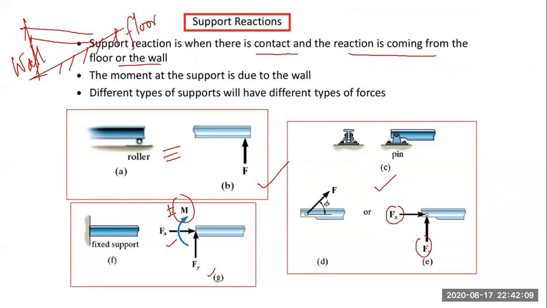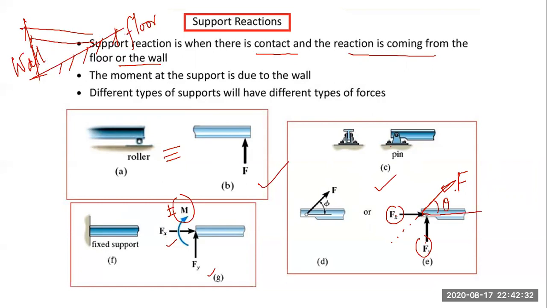Another thing, say for a pin support or a fixed support, instead of Fx and Fy, we can also show a single force, say F, at an angle theta with the axis. What is the meaning, sir?